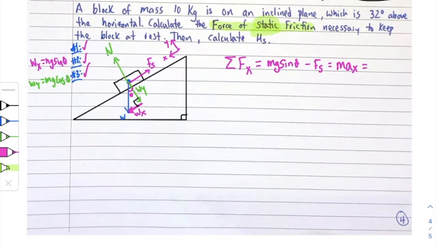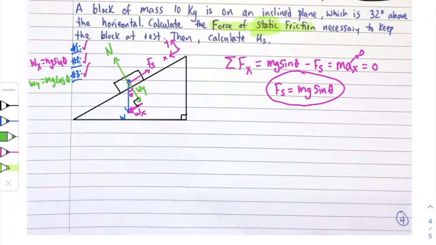So we can set this equal to 0. Since it's at rest, that means the acceleration is 0. So what's kind of nice about this, mg sine theta minus Fs is equal to 0, which means we get a nice little equation that Fs must be equal to mg sine of theta. So there's the equation that we get from doing our summing of the forces in the x.